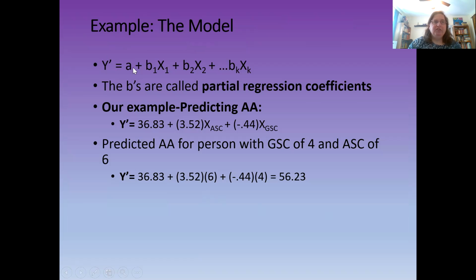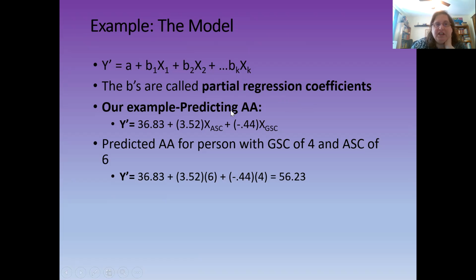Well, it's still our intercept A, plus slope 1 times x1 plus slope 2 times x2 plus et cetera, until we get to the last slope times x. Now the b's are called partial regression coefficients. We can think of them as slopes, but they are called partial regression coefficients.